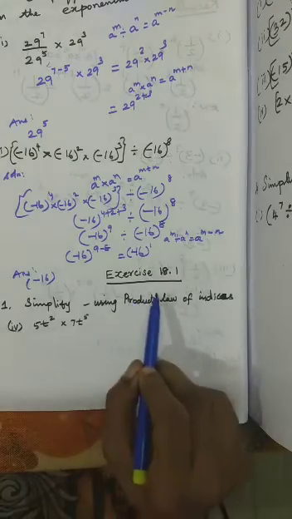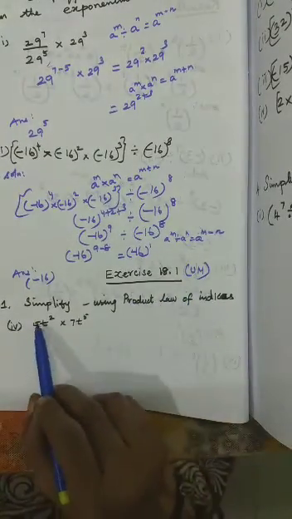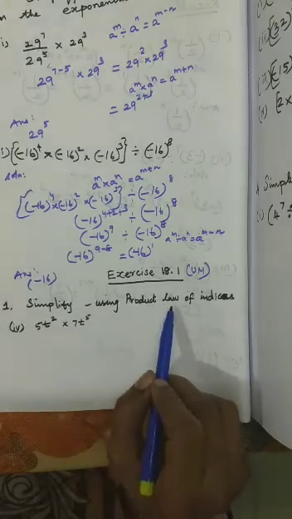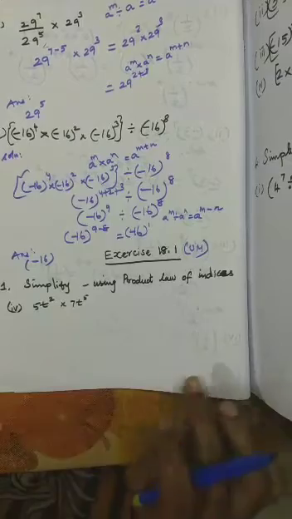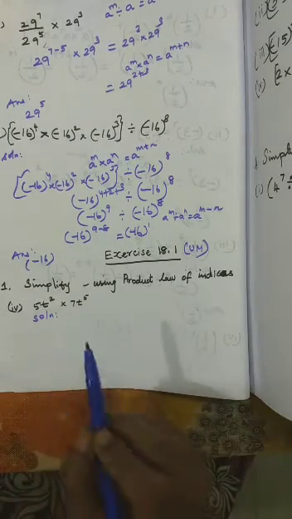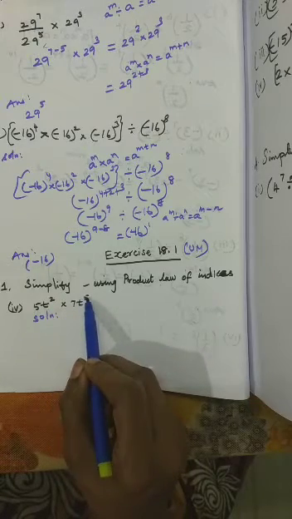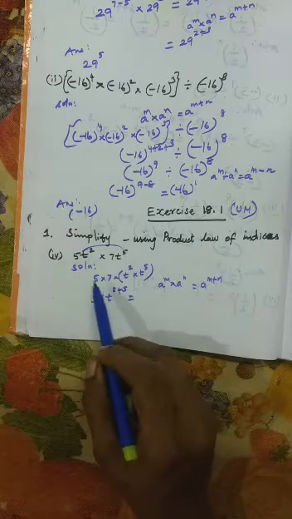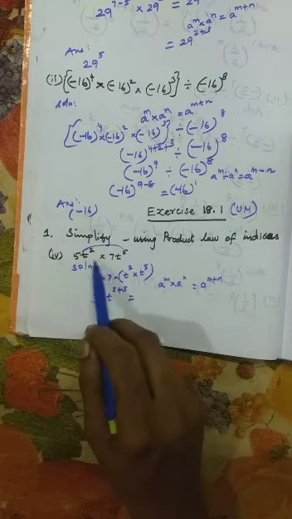Okay. Now we shall see the exercise 18.1 understanding max. Simplify using product law of indices. Here we are going to use the product law. Okay. Solution. Here 5t square into 7 into t power 5. Constants outside. So 5 into 7. And here the bases are same.